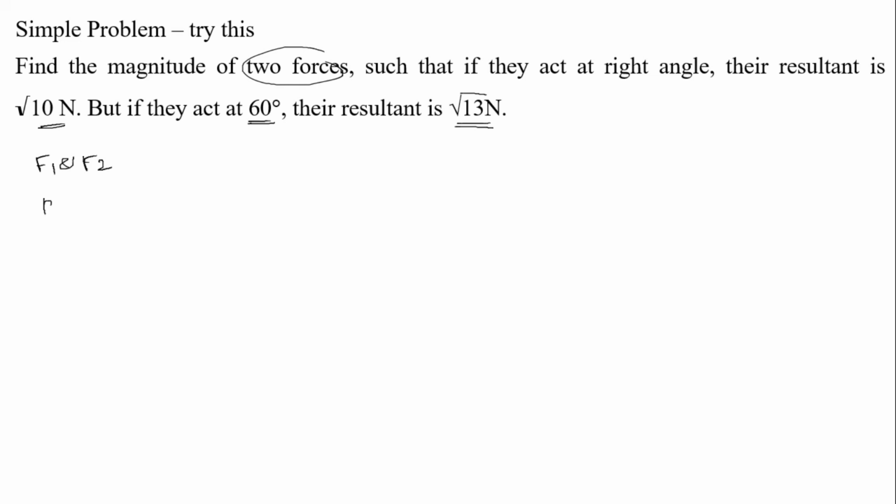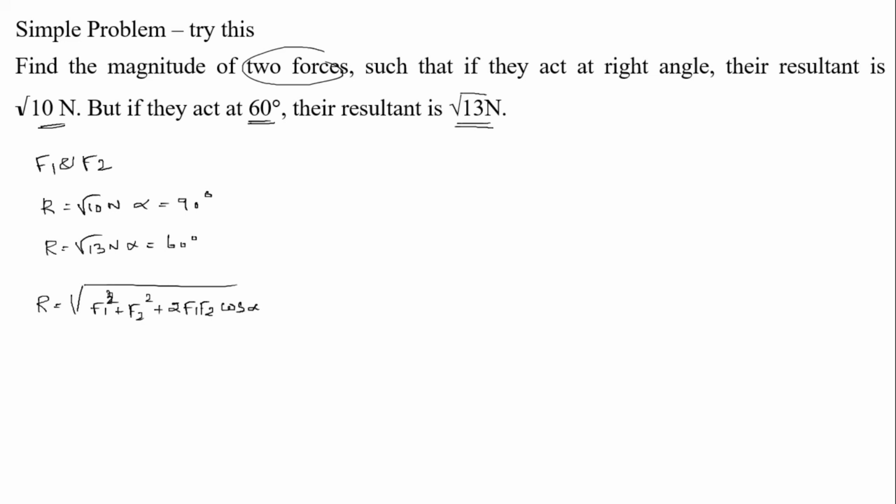So resultant, which is equal to root 10 Newton when alpha, which is equal to 90 degree, and resultant, which is equal to root 13 Newton when alpha, which is equal to 60 degree. Now we know that resultant, which is equal to root of F1 squared plus F2 squared plus 2 F1 F2 cos alpha, right.